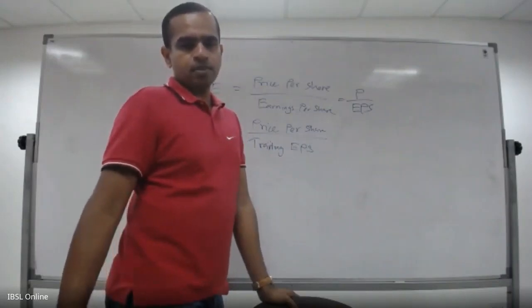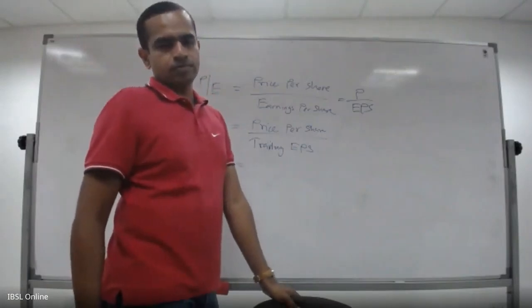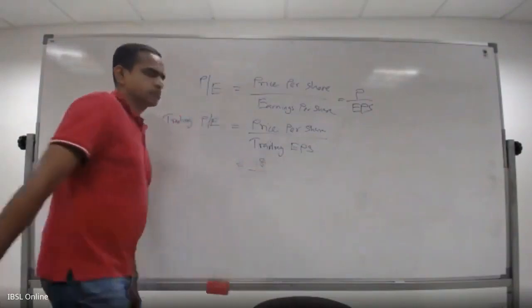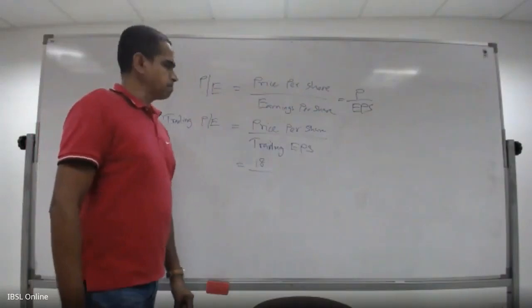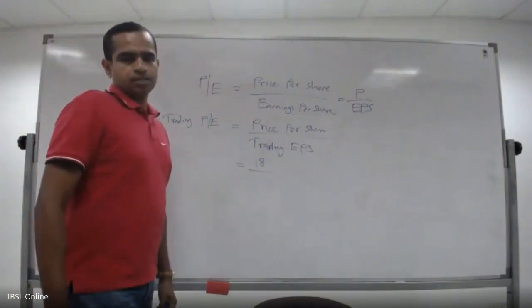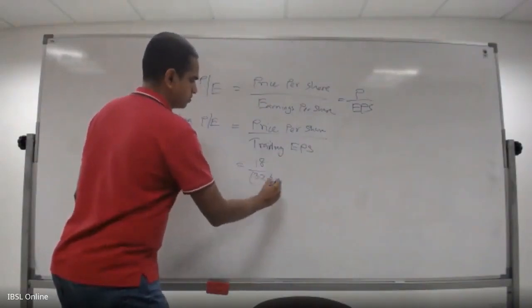Leading earnings per share is 1. 40 million shares outstanding. Market price of a share is 18. So price of a share is 18. Trailing PE: trailing earnings per share, last year 32 million, number of shares 40.